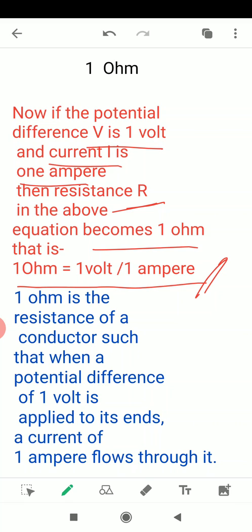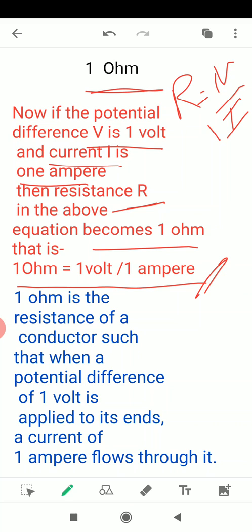Both variables are fixed, 1 volt and 1 ampere, so the ratio of 1 volt to 1 ampere becomes 1 ohm.